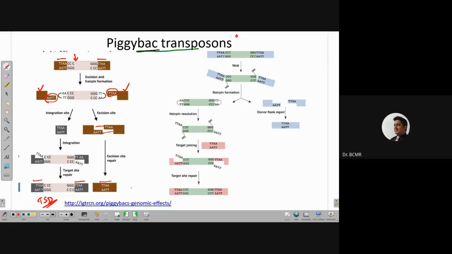There is no target site duplication. Now there is no footprint left behind, isn't it? The original state would have been TTAA. Upon transposition, it became duplicated. Upon excision and moving, cut and pasted somewhere else, it is restored to its original state.